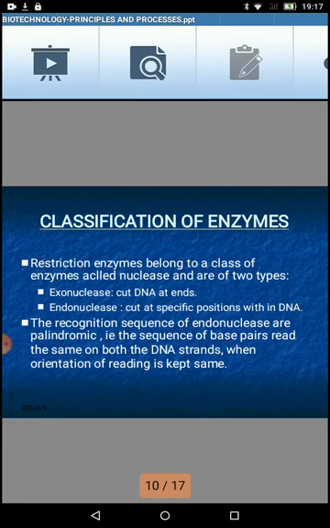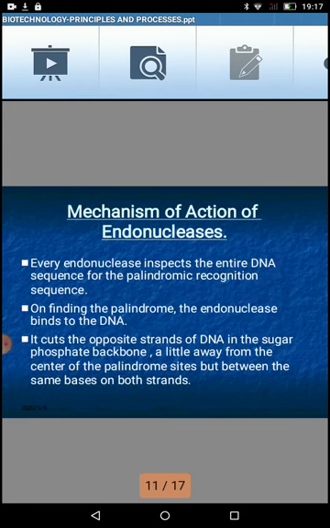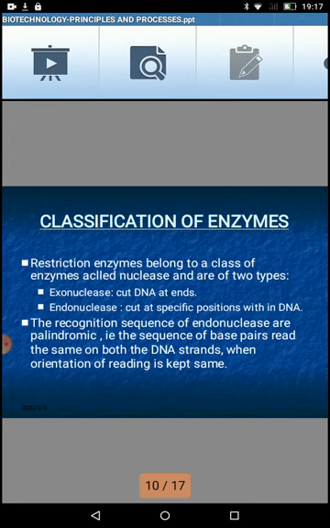The recognition sequences of the endonuclease are palindromic, that is, the sequence of base pairs reads the same on both DNA strands when the orientation of reading is kept the same. We will discuss this palindromic sequence in the coming session when we talk about the mechanism of the restriction enzyme and how it functions. This can be dealt with in the next session.